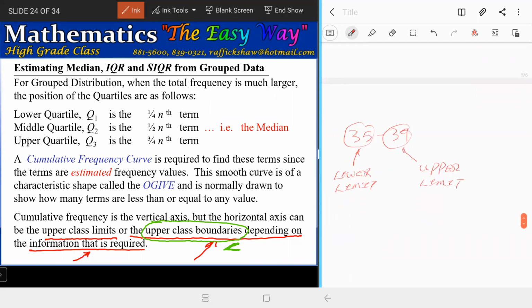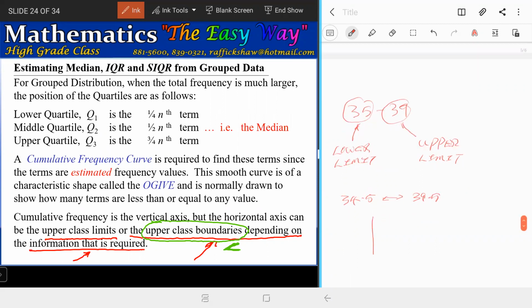The boundaries now are 34.5 and 39.5. Remember, the boundaries are the same boundaries that you're going to get on your histogram. To draw a histogram, those values are the boundaries. So the first one here will be 34.5 and right here will be 39.5.